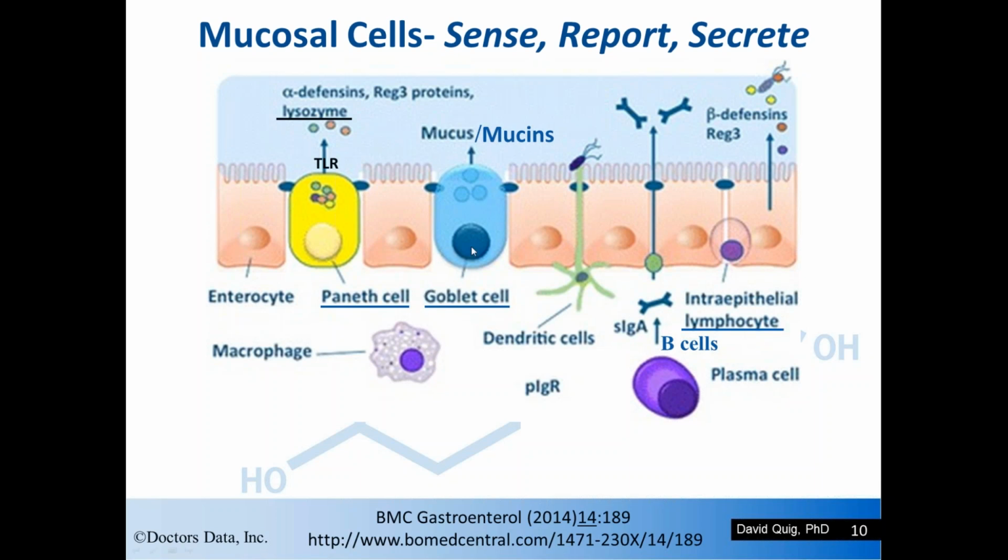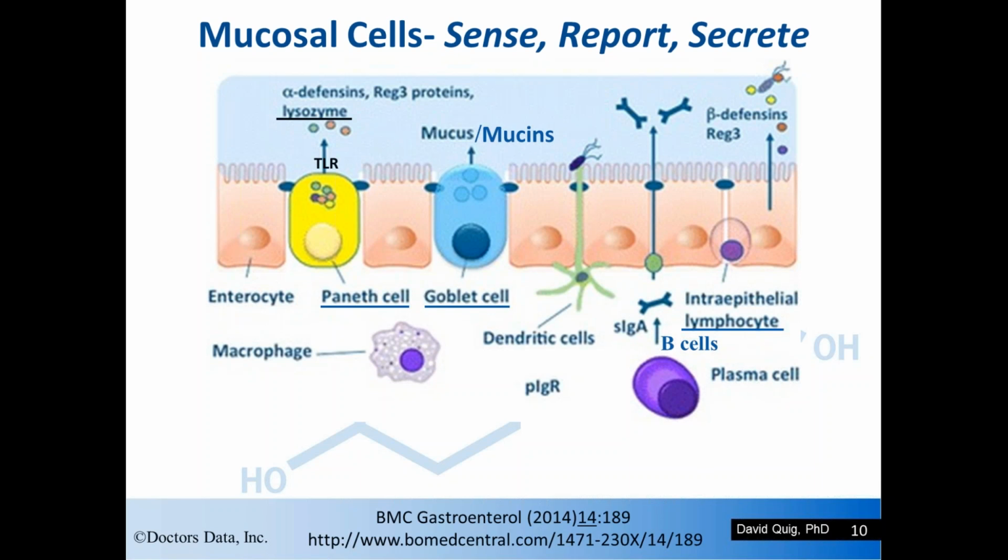Then we have the goblet cells that produce the mucus and the critical mucins contained within that fluid matrix. And then, of course, the intraepithelial lymphocytes that also produce key antimicrobial peptides such as beta defensins and Reg3. Then, of course, from the blood, we have IgA that within the enterocytes is dimerized or conjugated to form secretory IgA, which is an absolute brick in the intestinal barrier.